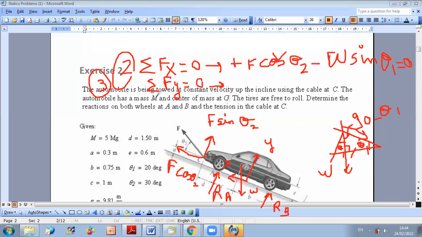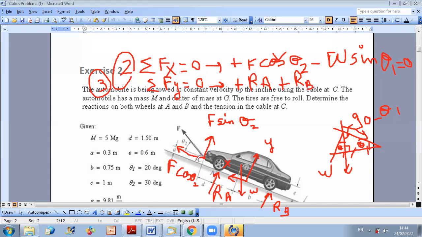And now for relation 3, you will find another relation between RA and RB. You already found the first relation between RA and RB by doing the sum of moments about C. So now when you want to find RA plus RB, you have plus RA, because it's along Y upward, plus RB.